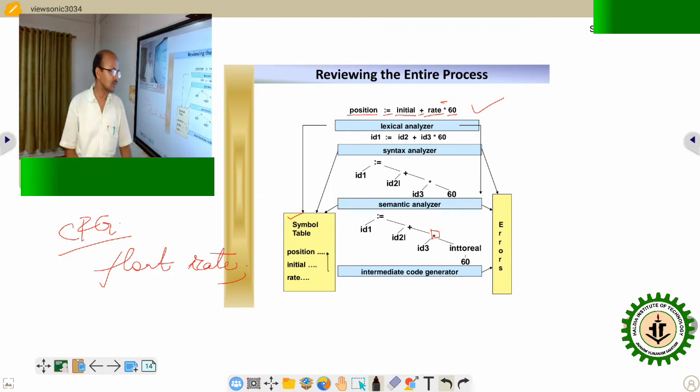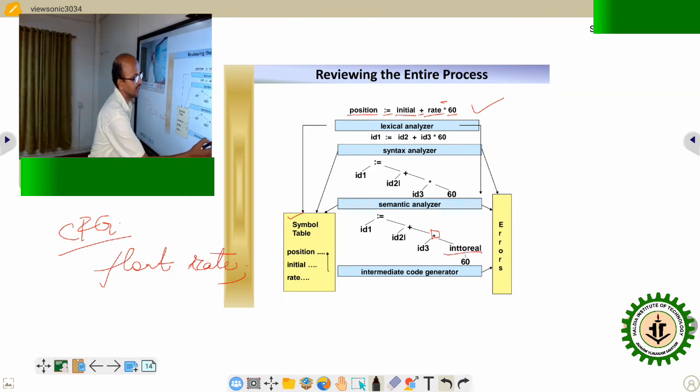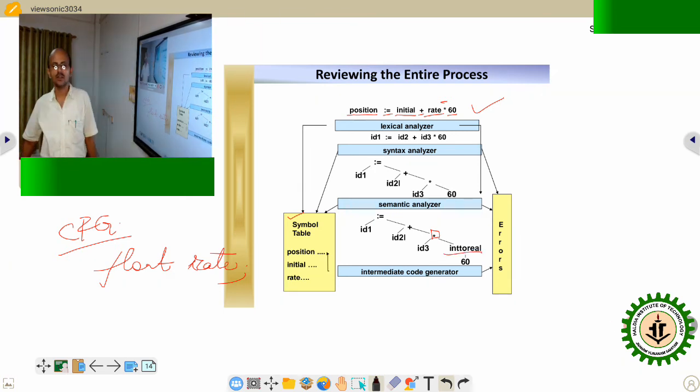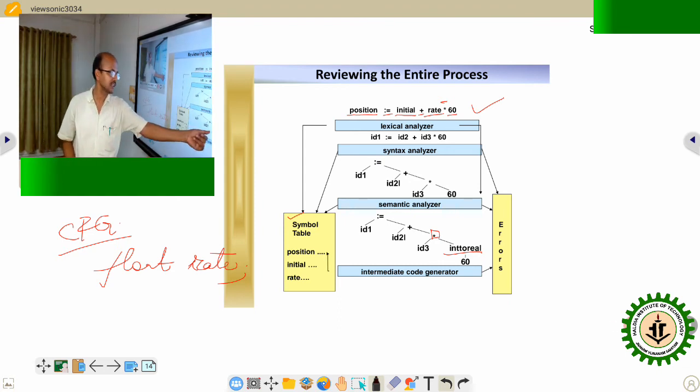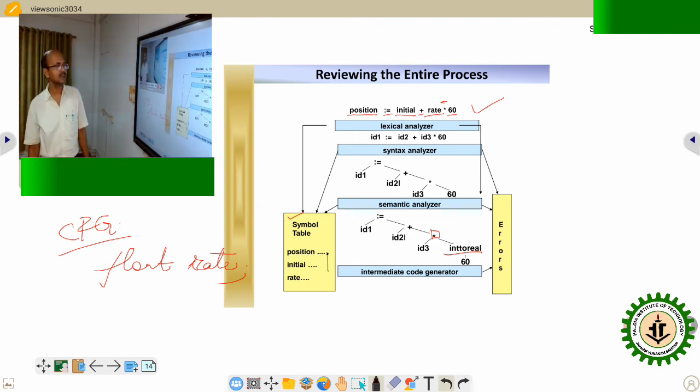One operation, inttoreal, a typecasting, is performed, and then the types are compatible with respect to the multiplication. Identifier 3 is the floating real type and 60 is translated into the real type. So two reals will now be multiplied, and let us assume that identifier 2 and identifier 1 are also defined as floating point type.